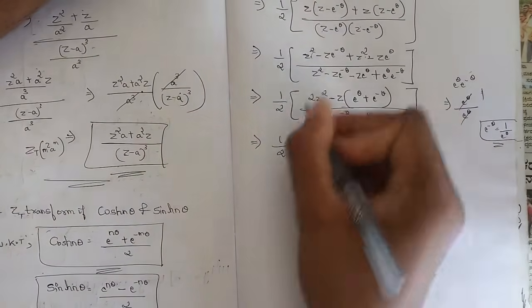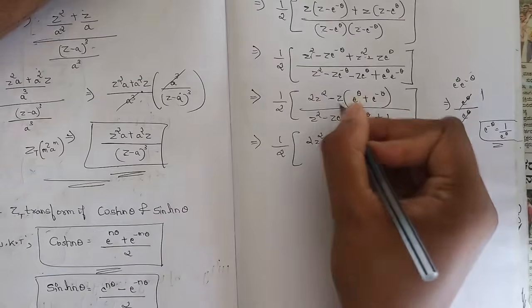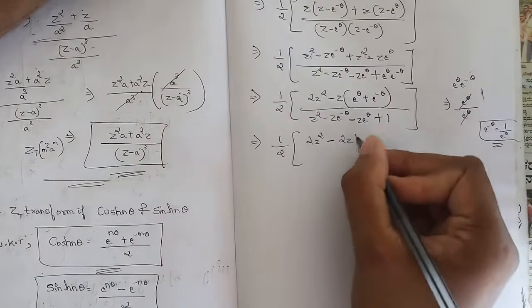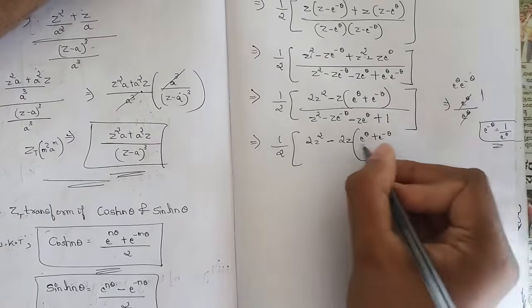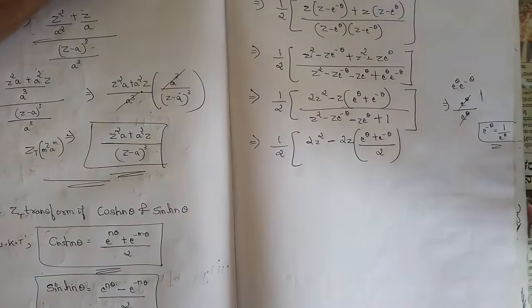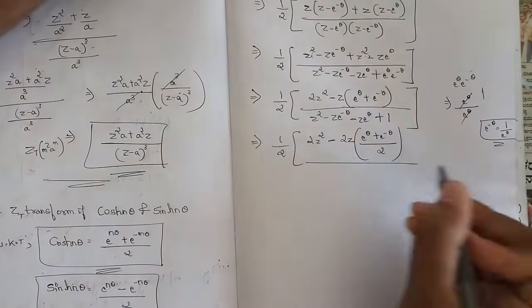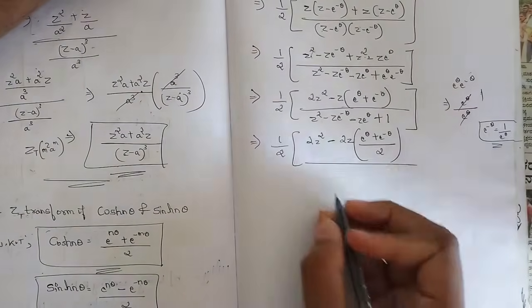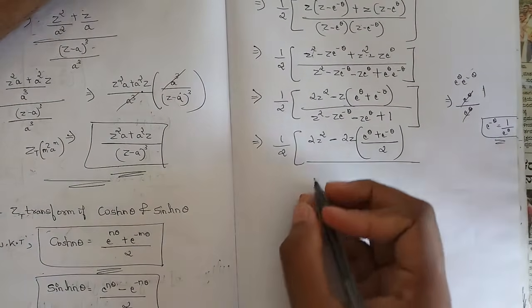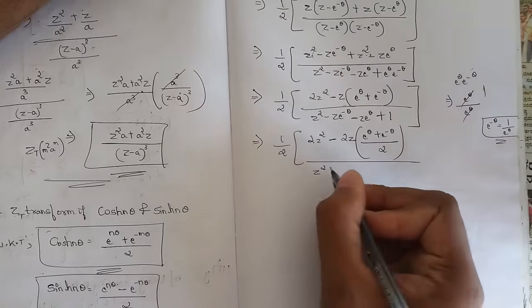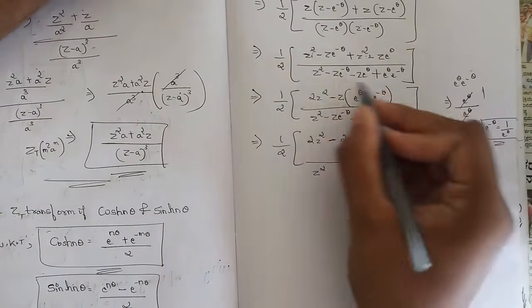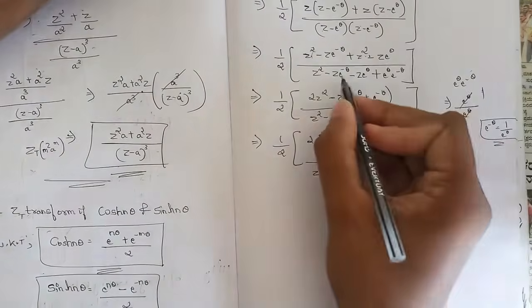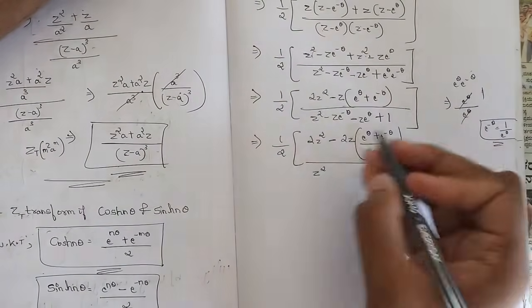That is 2z square remains as it is, minus we need to multiply 2 here into e power theta plus e power minus theta divided by 2, divided by the same term z square. And again in the denominator we can take z common.